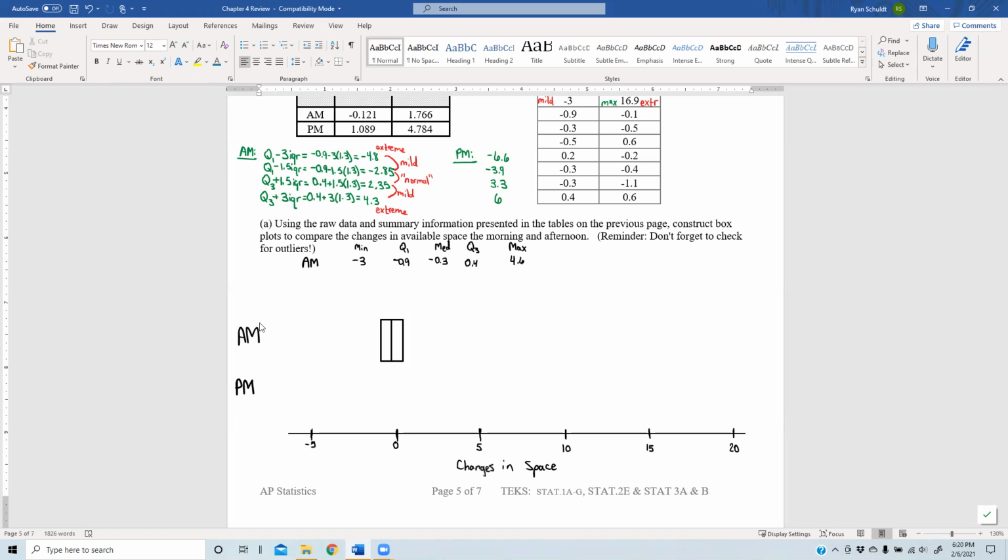That's going to be about here. I'm going to draw a line to that point, and then on the other end of the spectrum at 2.35. So I need to draw lines out to those points.